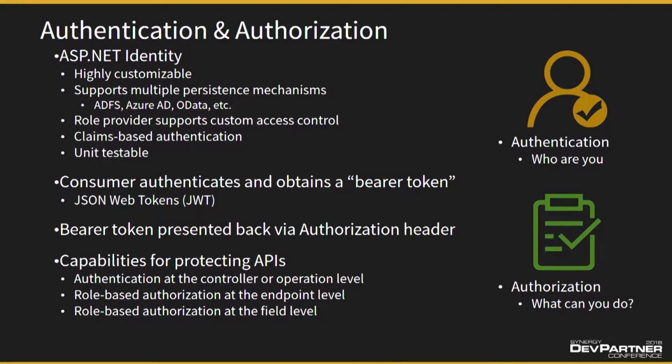So that's ADFS, which is the Active Directory provider that you would have on premises. There's Azure AD, there's OAuth, and there's a lot of other providers, as well as custom providers that you can use there. What that gives us is role-based or claims-based authentication.